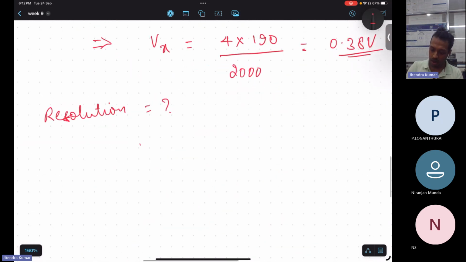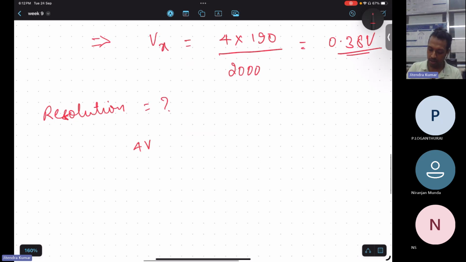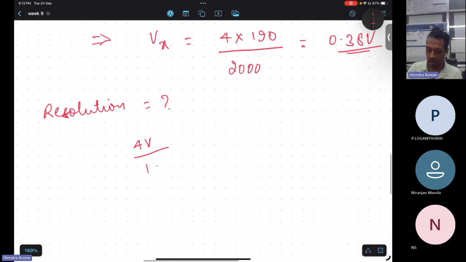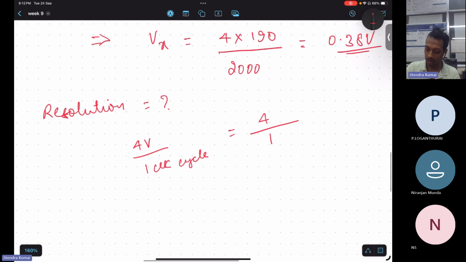So we have 4 volt, and we have to divide it by one clock cycle, which will be 4 divided by 1 by the frequency. One clock cycle will be one clock frequency.